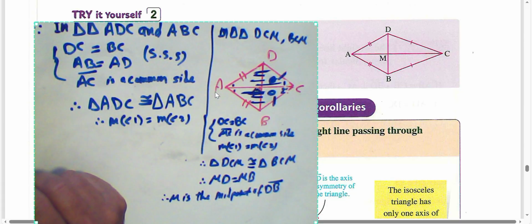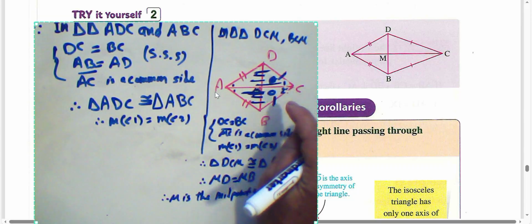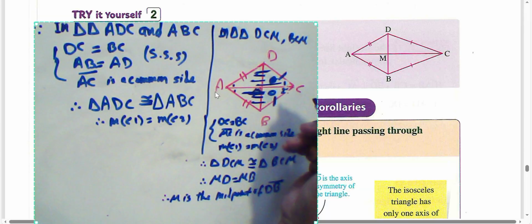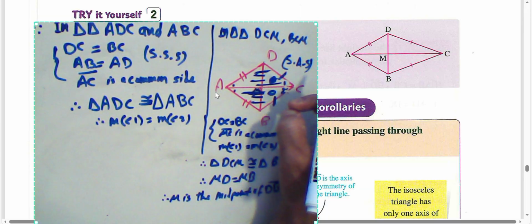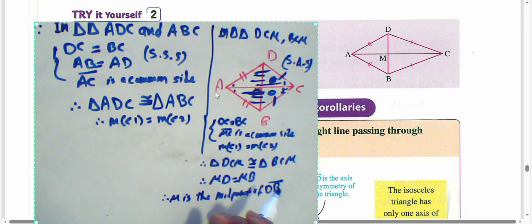It's the first condition. And second, the two triangles here, DMC and BMC, are congruent by the second condition, two sides including the angle, side, angle, side. Then MD will be equal to MB, so M is the midpoint of BD. Okay, next question.